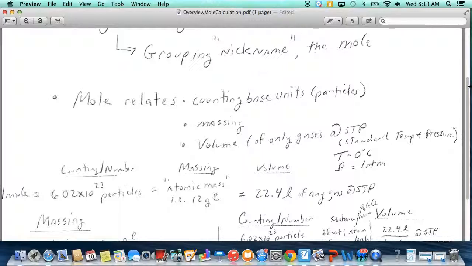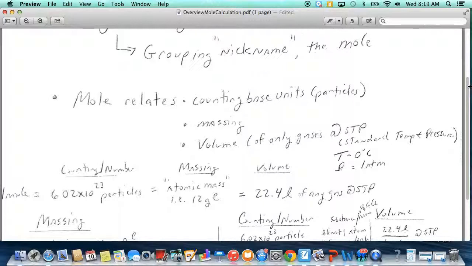It's only for gases, and the gases have to be at STP, which stands for standard temperature and pressure, 0 degrees C and an atmosphere of pressure.